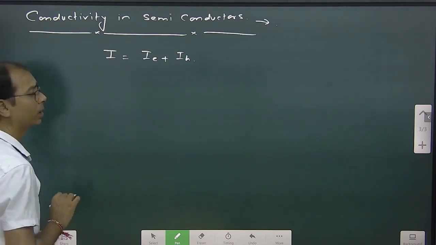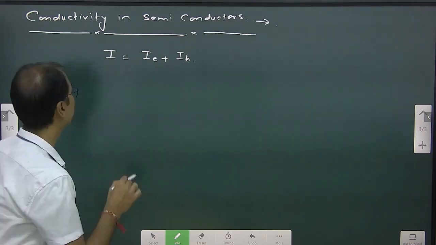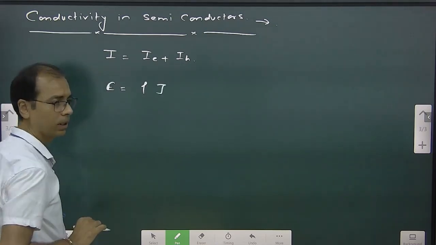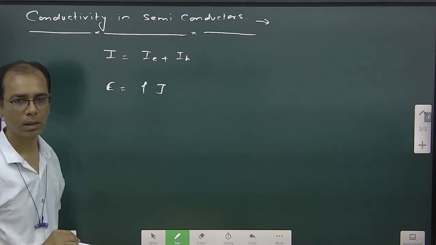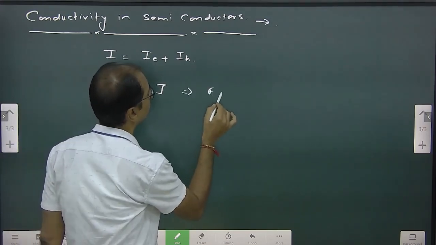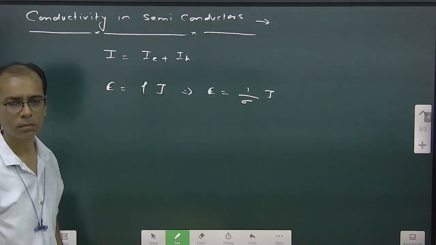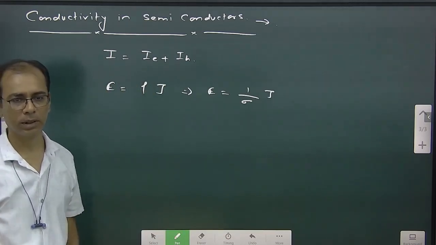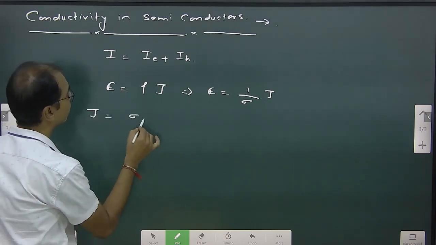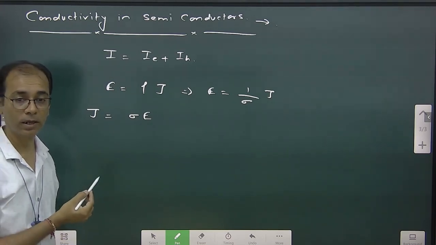So what relation did we have for conductivity? If you remember current electricity, we had one relation, E equal to rho J, where rho is resistivity. If you want this in terms of conductivity, we can write E equal to 1 by sigma into J. So J equal to sigma E. J we can write as I by A, where J is current density.